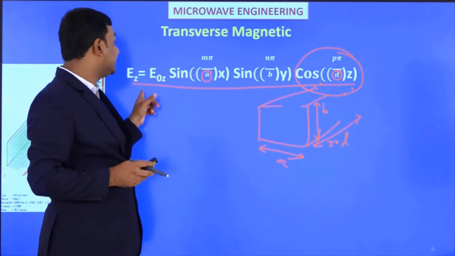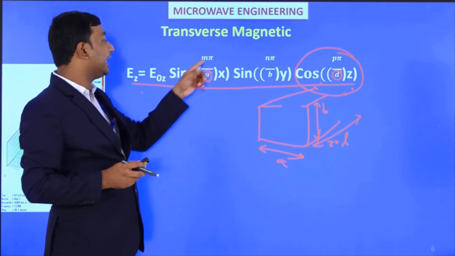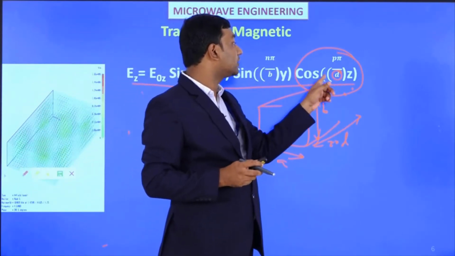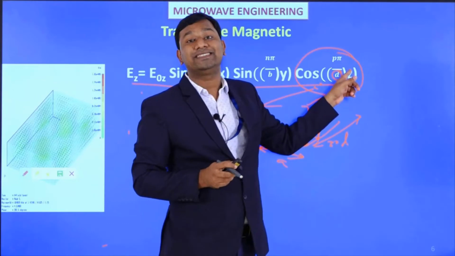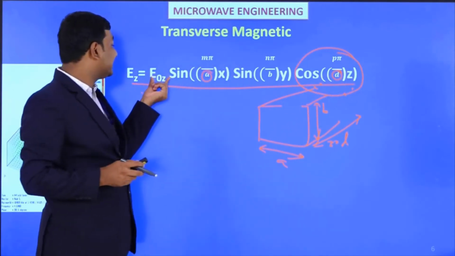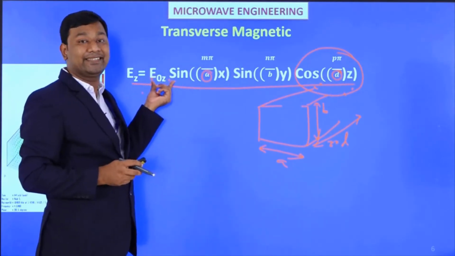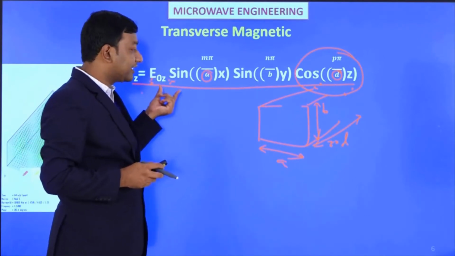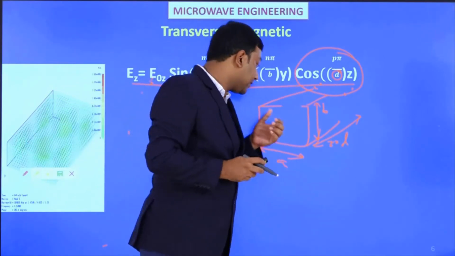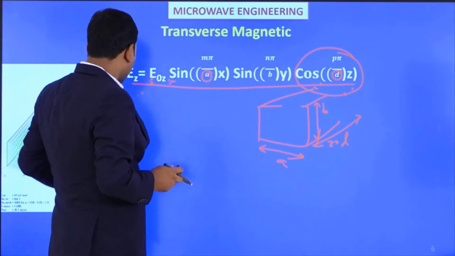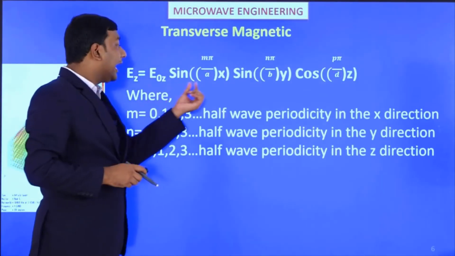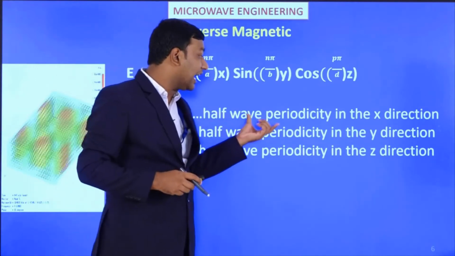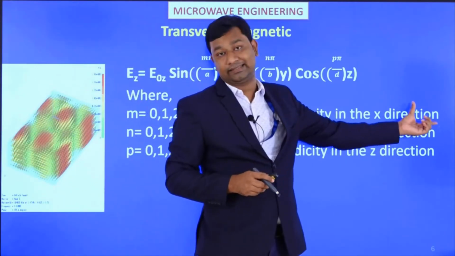The equation is Ez equal to E naught z sin m pi by a x sin n pi by b y into cos p pi by d into z. Here E naught z is the magnitude of the electric field intensity in the z direction. Where m we can consider 0, 1, 2, 3, that is the half-wave periodicity in the x direction.